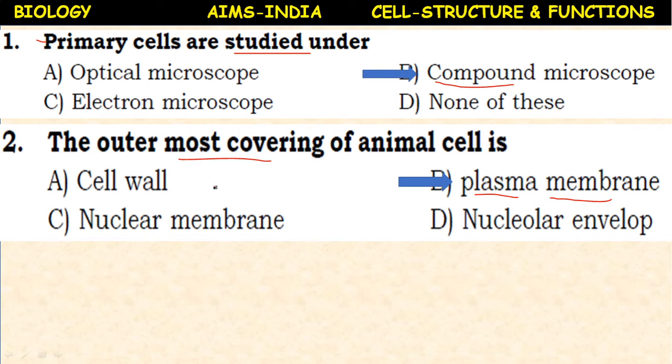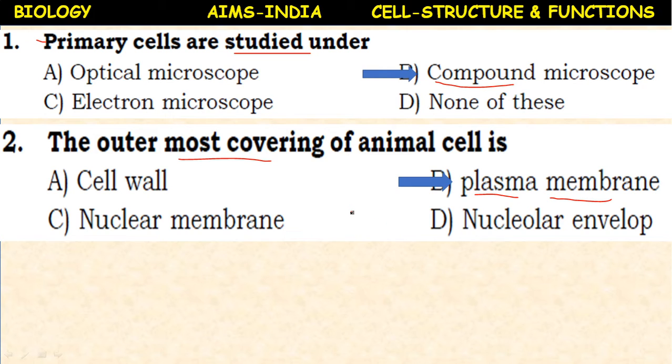Okay, so cell wall is present in the plant cells. We discussed about the difference between plant cell and animal cell, and we also discussed prokaryotic and eukaryotic cells. Okay, you have to recall the nuclear envelope is the term which we come across in the eukaryotic cells.